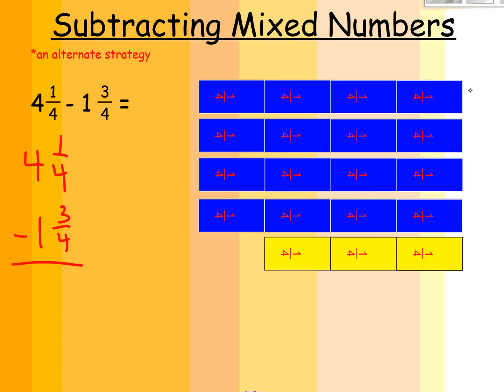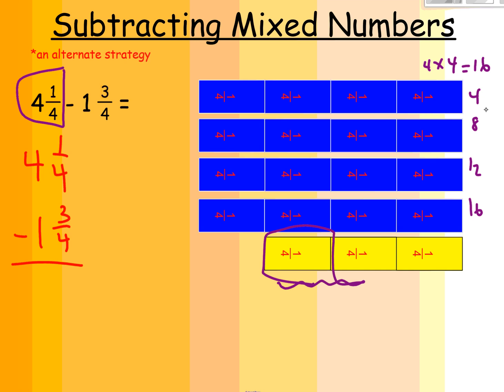So I would have 4, 8, 12, 16, or 4 times 4 is 16, plus my extra 1 for the 4 1/4, plus 1, so I would have 17 fourths.